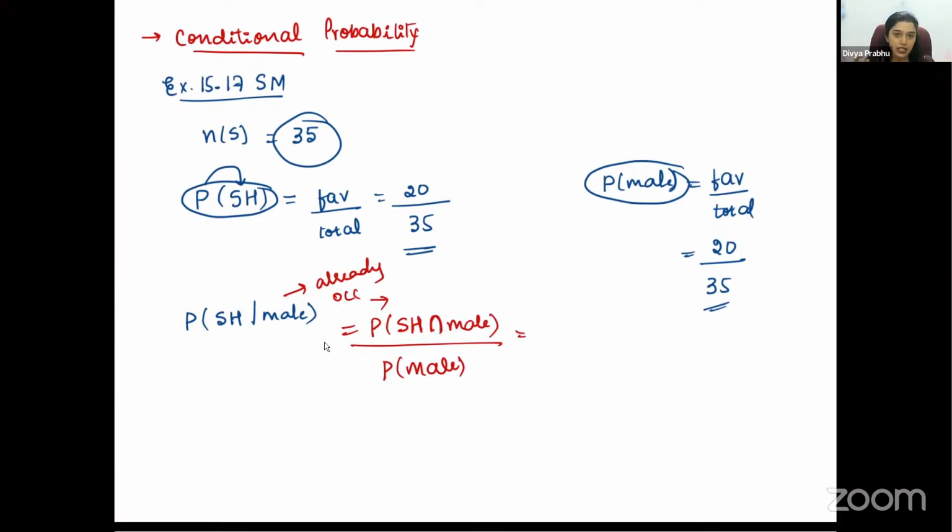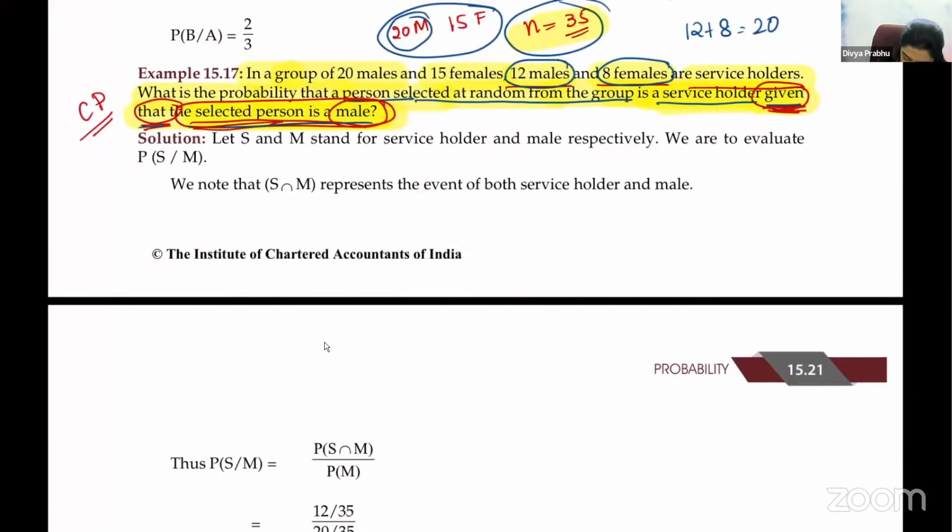It means the person is a service holder and at the same time the person is a male, which means we want to know how many males are also service holders. If you read the question again, 20 males are there, 15 females are there, 12 males are service holders. That's what I want: how many males are also service holders, which is 12, correct?